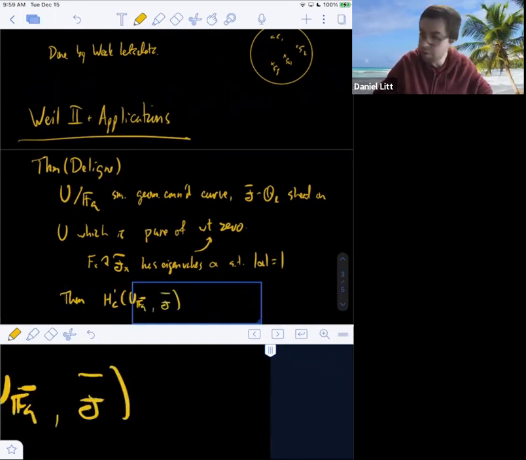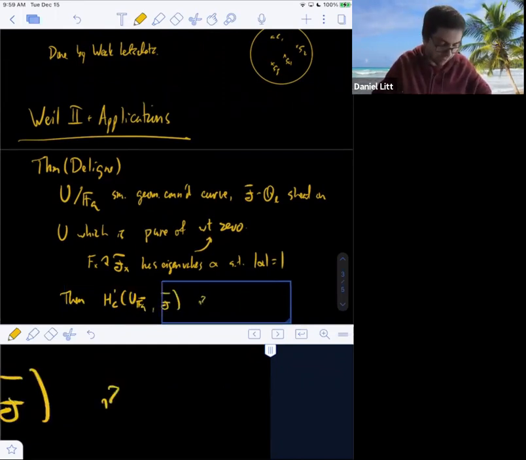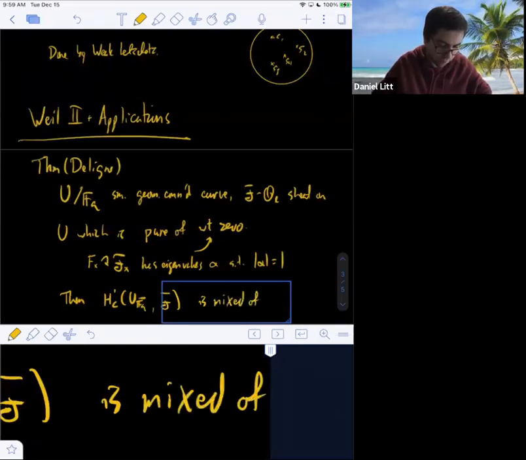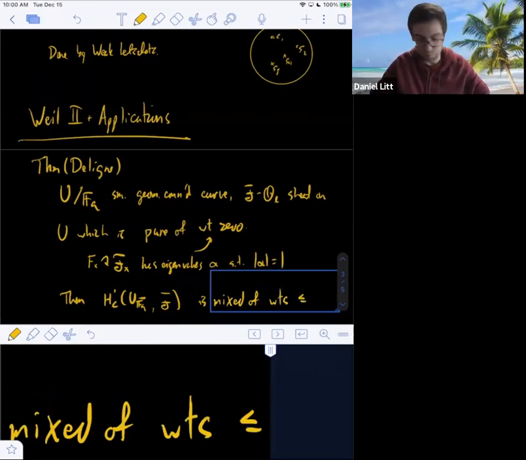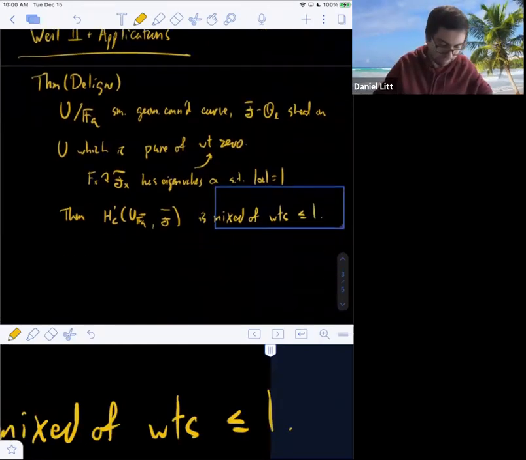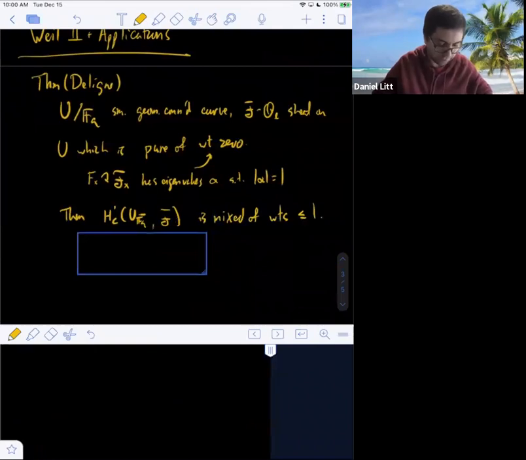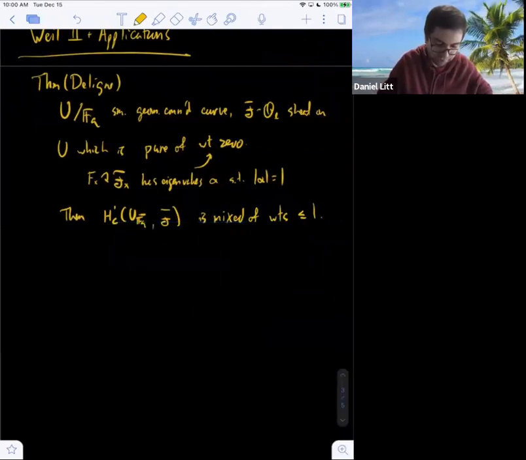with coefficients in F is mixed, and I'll say what this means, of weights less than or equal to 1. Okay, so what does mixed of weights less than or equal to 1 mean?